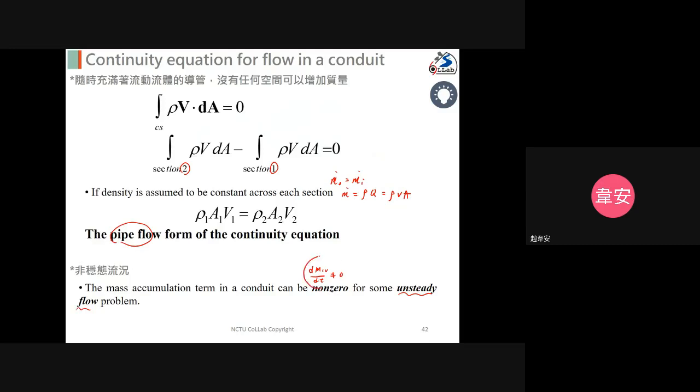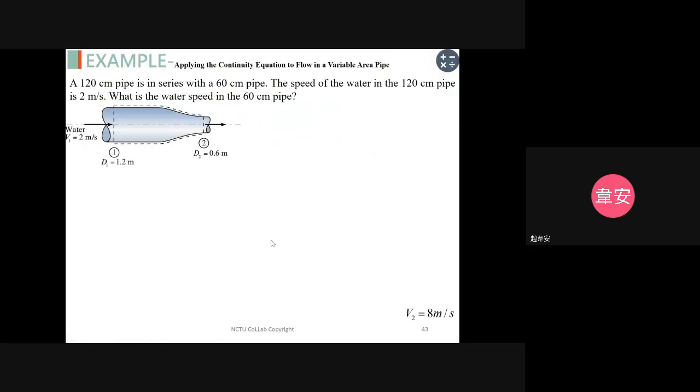So please notice that. But if you assume ideal flow, this formula is always satisfied. Okay, so we can do this exercise very quickly.